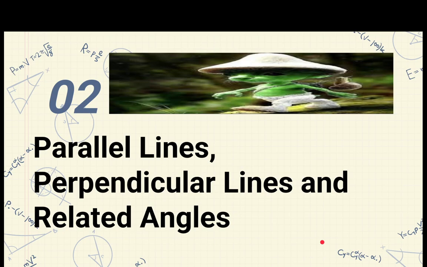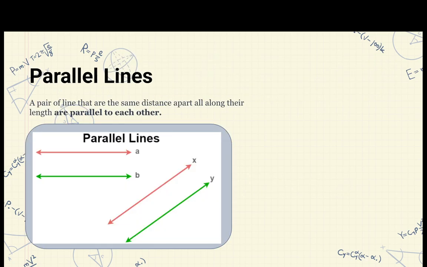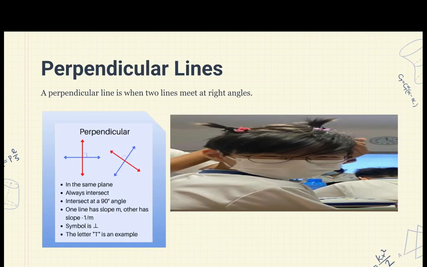Now, we'll be moving on to parallel lines, perpendicular lines, and related angles. Parallel lines: a pair of lines that are the same distance apart all along their length are parallel to each other. Perpendicular lines: a perpendicular line is when two lines meet at a right angle.